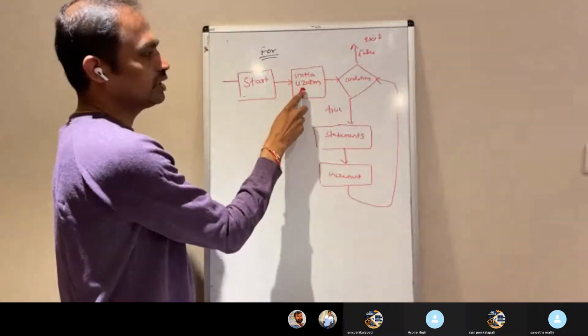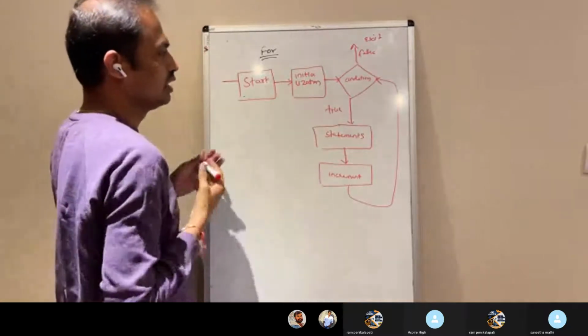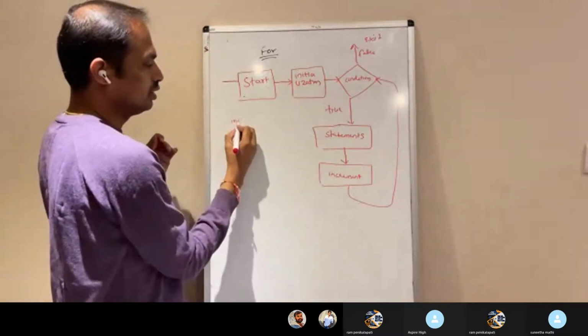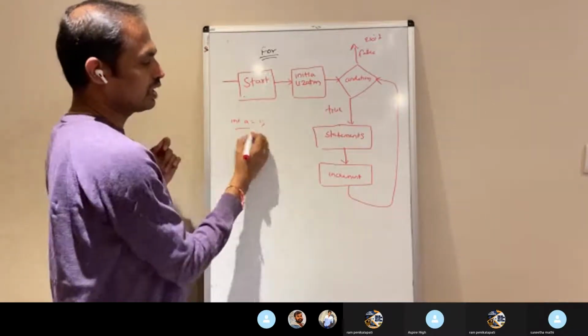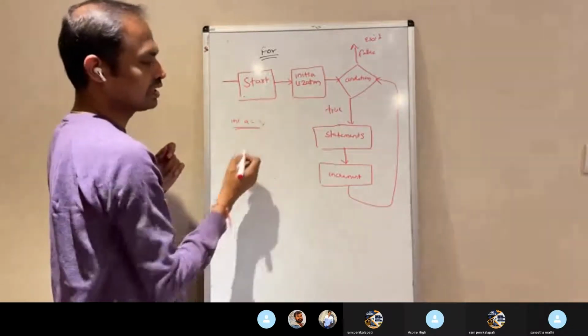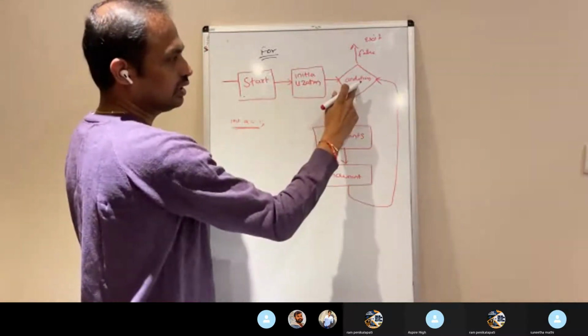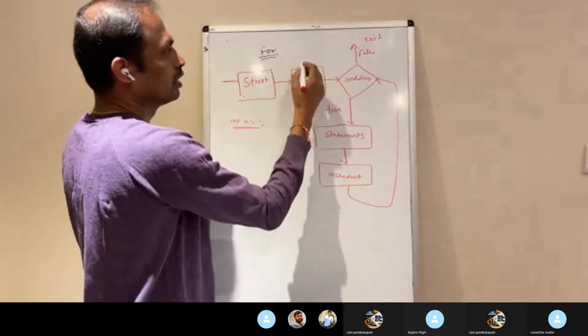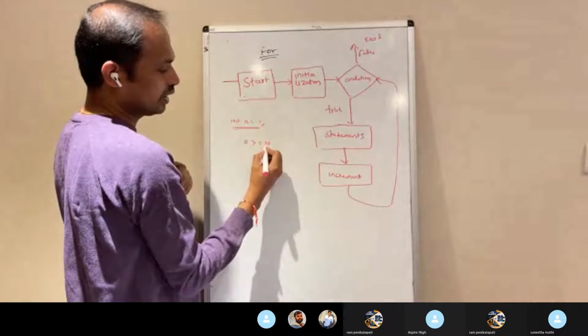First initialization will happen. We need to initialize. Suppose int a is equal to 1. This is initialization, right? Then condition, it will check. Condition means suppose a is less than or equal to 10.